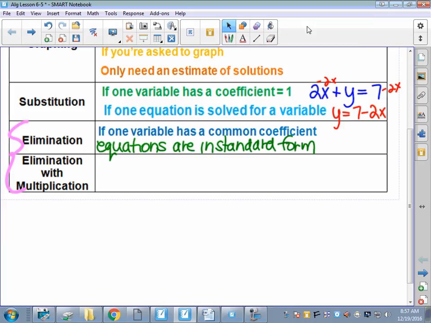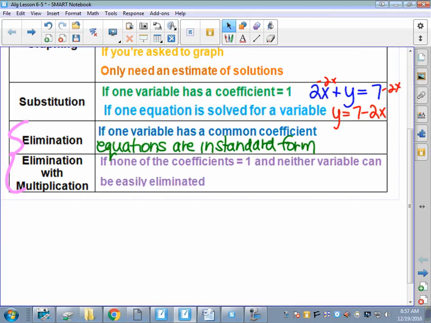And I would use elimination with multiplication if none of the coefficients are equal to 1 and neither variable can easily be eliminated. So if I've got to do some work and they're not easy to solve for one of the variables to do substitution. So for elimination with multiplication, make sure everything's lined up in standard form, and then figure out what you can make a common coefficient with opposite signs.